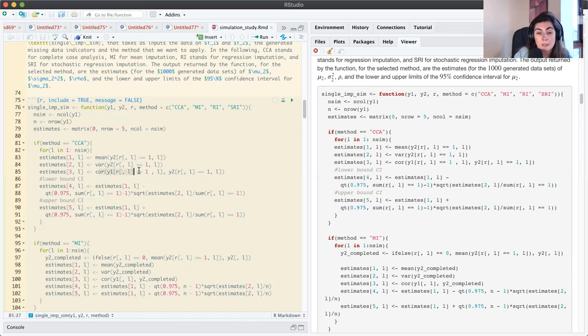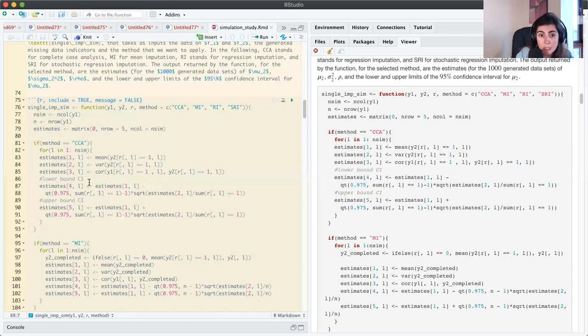For the sample correlation, I know that a complete case analysis disregards the individuals with missing observations. So although Y1 is fully observed, I need to discard those subjects for which the corresponding Y2 value is missing. So that's why I'm also retaining only those for which the missing indicator is 1 to compute the correlation.